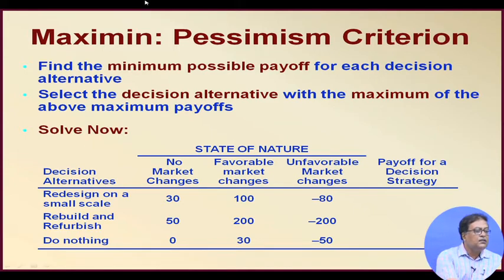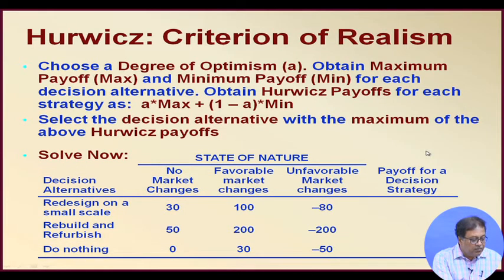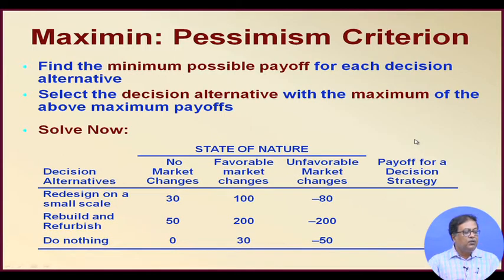So, I am sorry, this should be: find the minimum possible payoff for each decision alternative and select the decision alternative with the maximum of the above minimum payoffs, right.